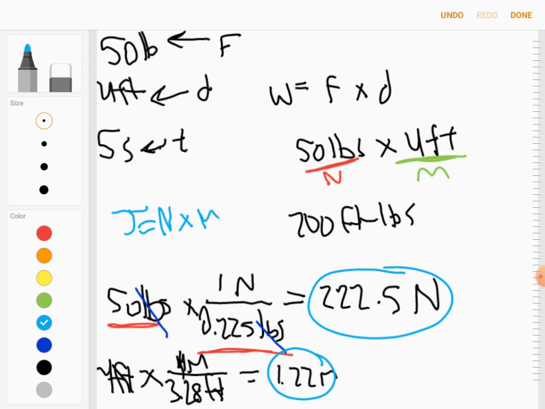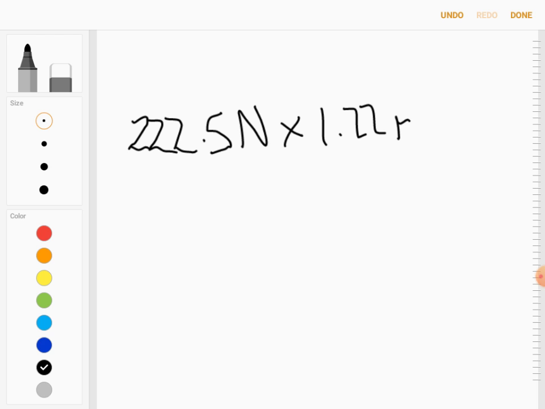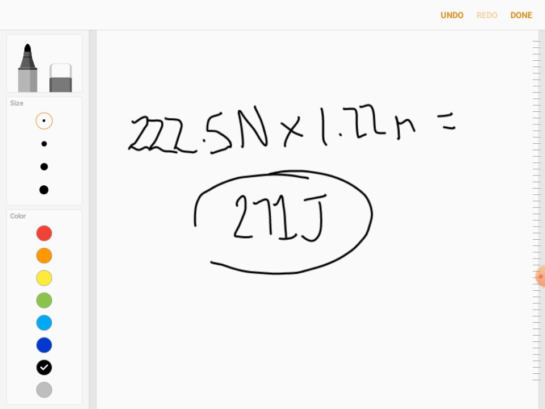So once we do that, that would be 222.5 newtons times 1.22 feet, or sorry, meters, and that equals approximately 271 joules. There you go, that is the answer. So in foot-pounds it is 200, but in joules it is 271.